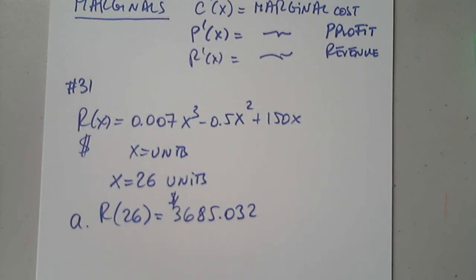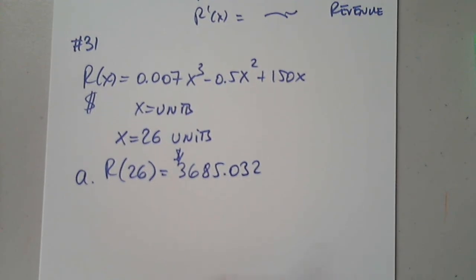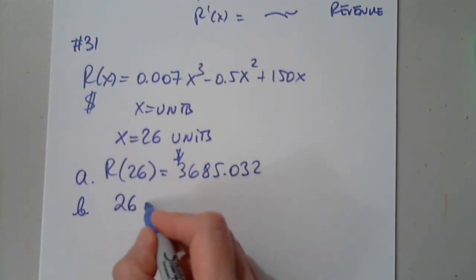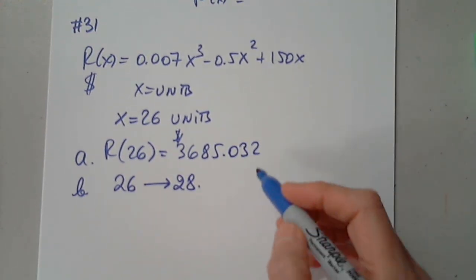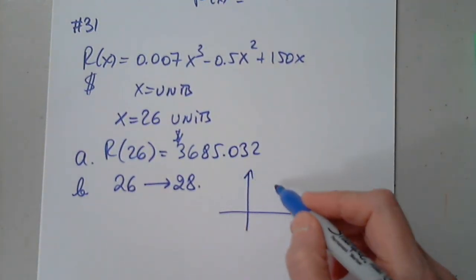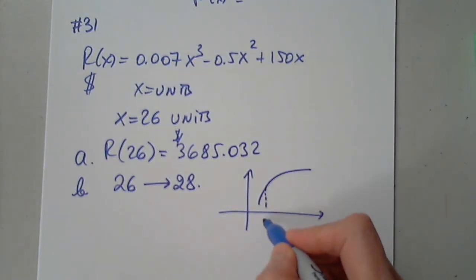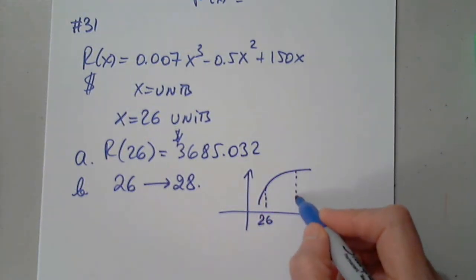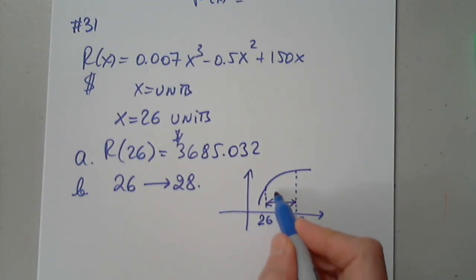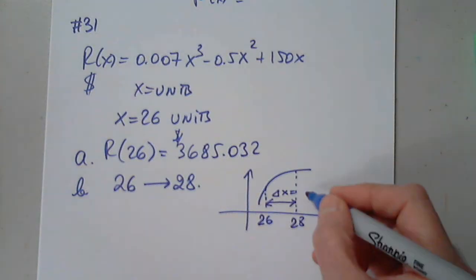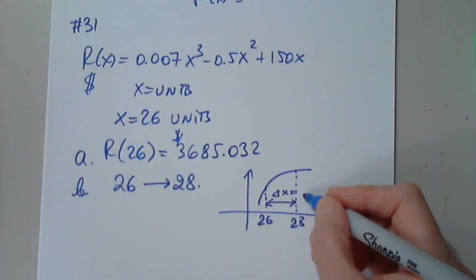Awesome. Back to part B. How much would revenue increase if sales increased from 26 to 28? So part B, from 26 to 28. Okay, let me refresh your memory. What is delta x? Two.